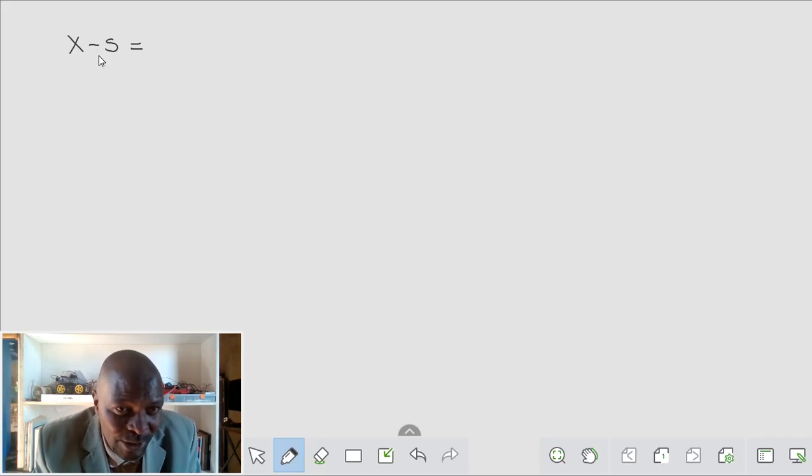But because the computer cannot subtract, we manipulate our number through what is called complementing. So x minus s can actually be achieved by the addition of the complement. Instead of subtracting the number, I can achieve that subtraction through adding its complement.